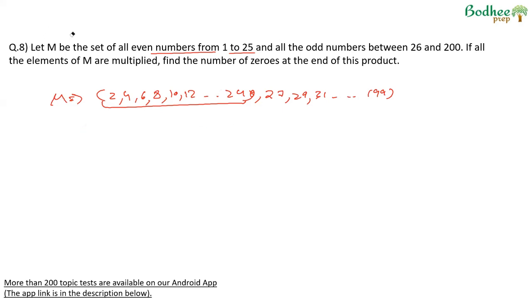The power of 2 that divides 25 factorial will be the same power which divides the product of all even numbers from 1 to 25. 25 by 2 is 12, 12 by 2 is 6, 6 by 2 is 3, 3 by 2 is 1. 12 plus 6 plus 3 plus 1 is 22. So M will have the power of 2 as 22.